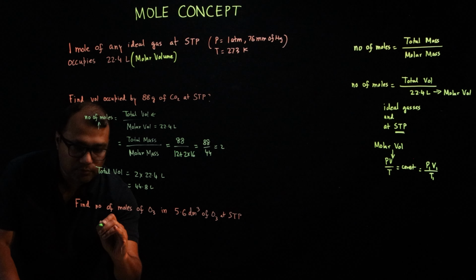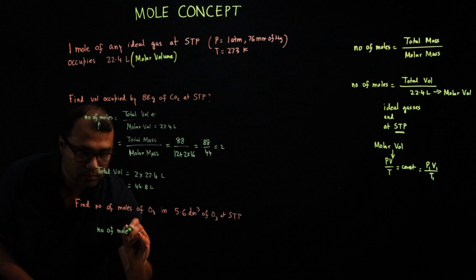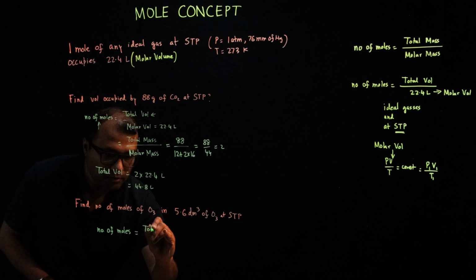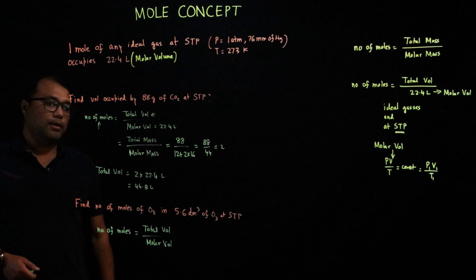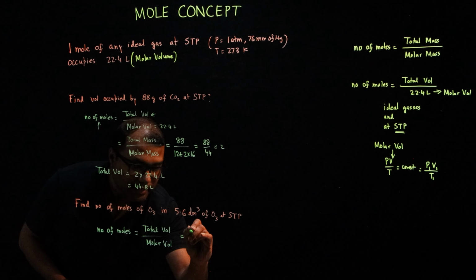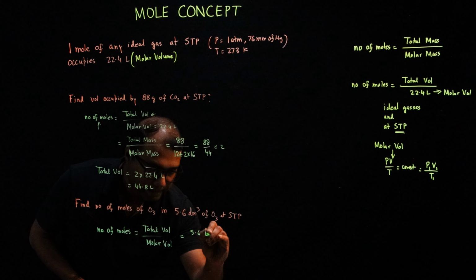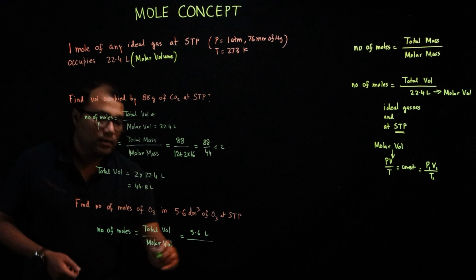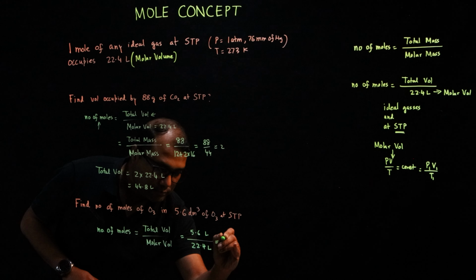So again we'll use the formula: number of moles is equal to total volume divided by molar volume. Total volume is given, 5.6 decimeter cube. Decimeter cube is the same as liter. Divided by the molar volume, which is 22.4 liters. This is 0.25.